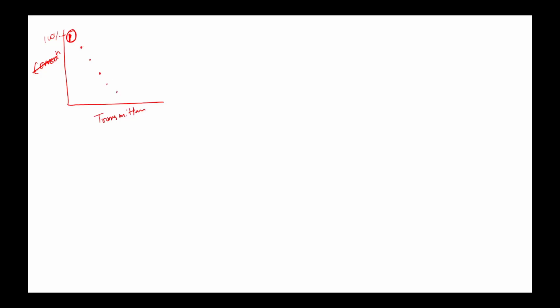So the more the concentration of the sample, the lesser the transmittance would be. Okay, the more the concentration, the lesser the transmittance. In this condition we'll get a graph something like this.